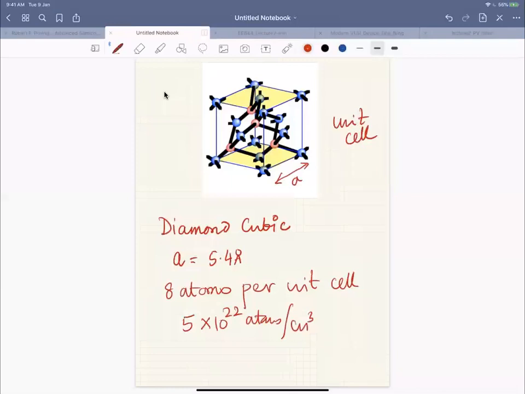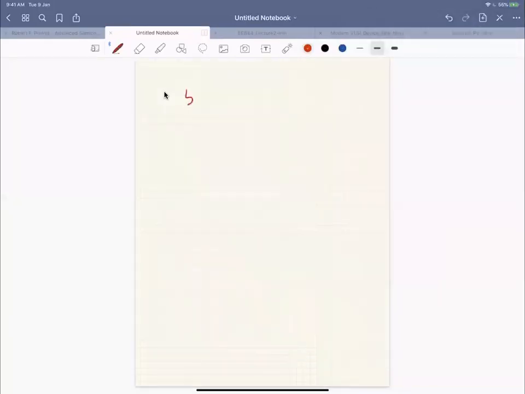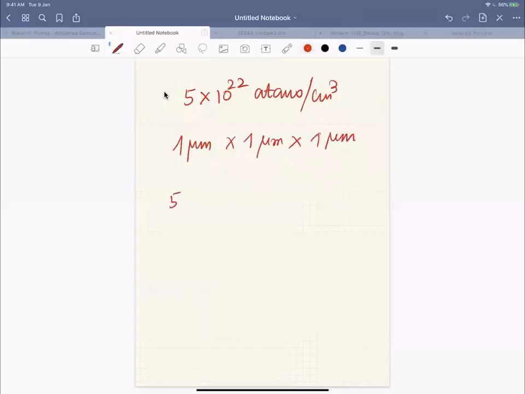So we have 5 into 10 to the 22 atoms per centimeter cube. Let's say I take a silicon cube which is 1 micrometer by 1 micrometer by 1 micrometer. Then the number of atoms I can calculate easily: the volume is 10 to the minus 12 cubic centimeter, so this is 5 into 10 to the 10 atoms.